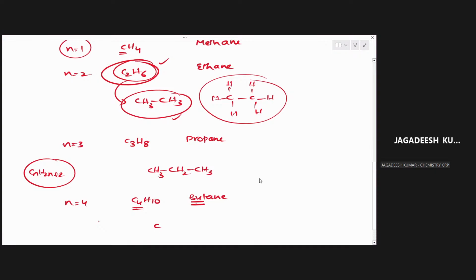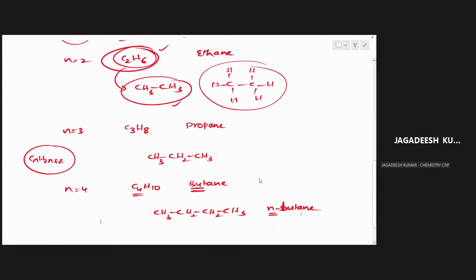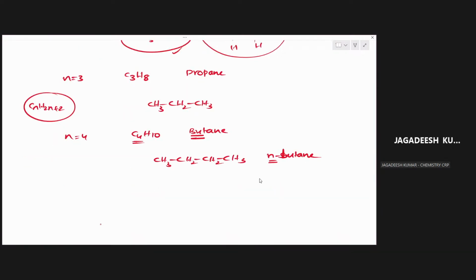If you write these 4 carbons in a straight chain, with 3 hydrogens, 2 hydrogens, 2 hydrogens, 3 hydrogens, then all carbons are present in the straight chain. Straight chain means n, so we can write n-butane. Why am I writing n-butane here? Because these 4 carbons we can write like this also, and then it is not n-butane.